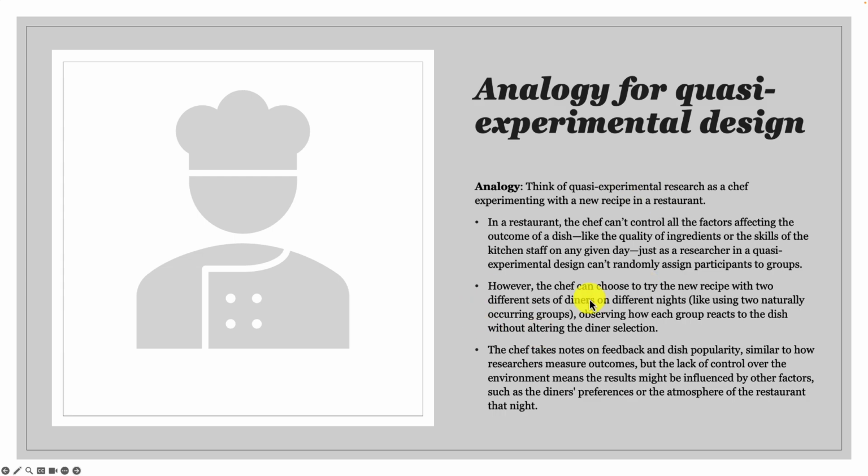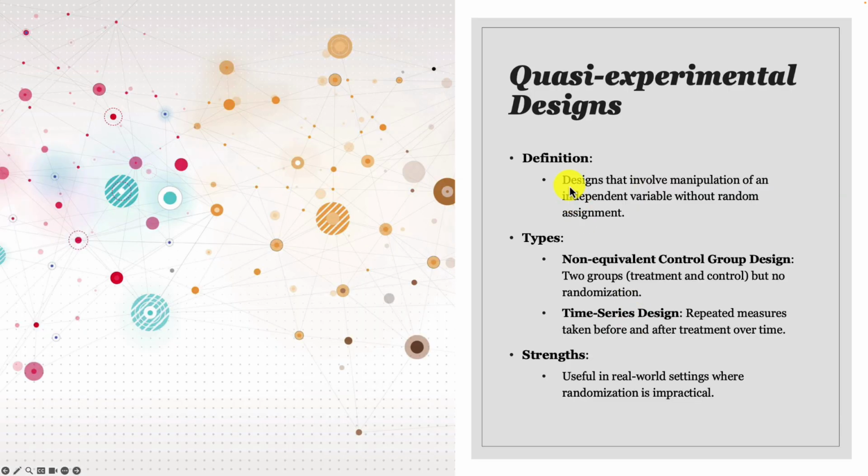I have an analogy here if you need it for the quasi-experimental design, but what is it? This is a design that involves manipulation of an independent variable, but without randomizing. We will not randomize our groups due to ethical or feasibility issues, where somebody could be put in a line of being harmed because of our research.